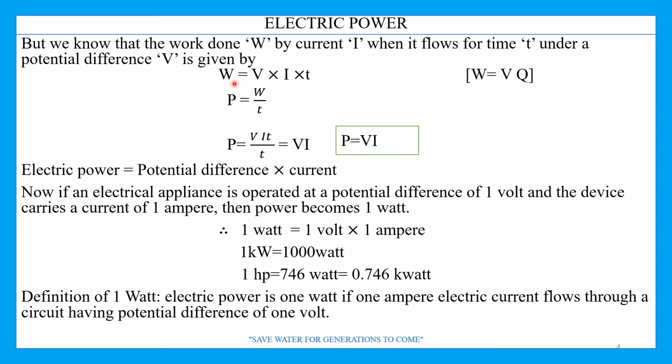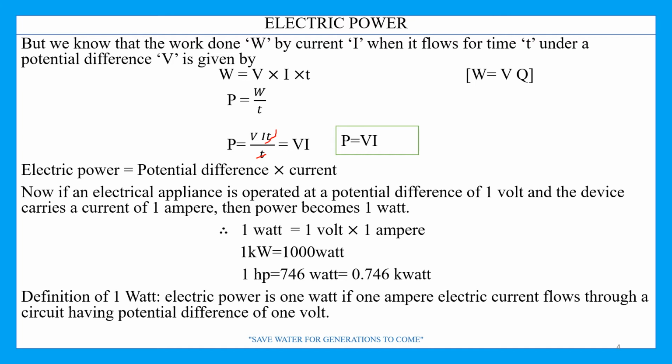Here, because we know power is equal to work upon time, in place of W we can write V into I into T, upon T. The T and T cancel out.